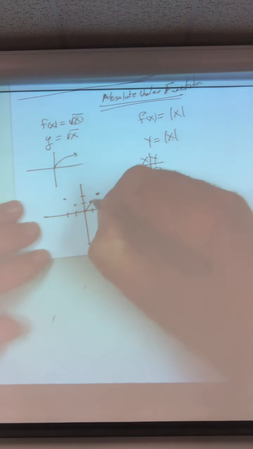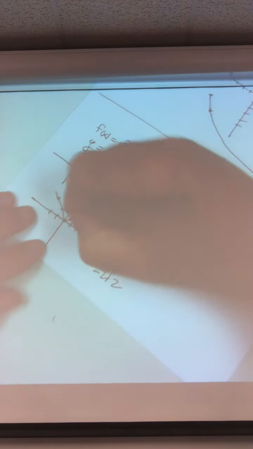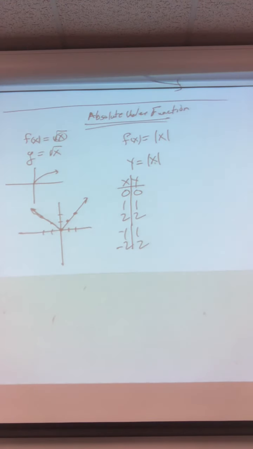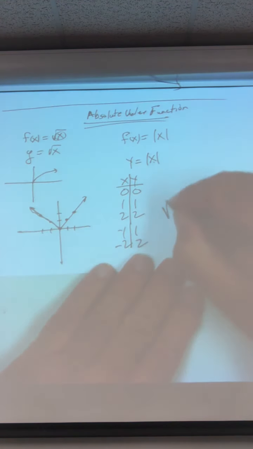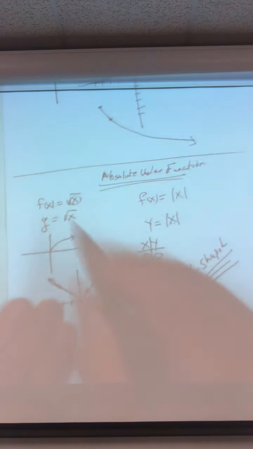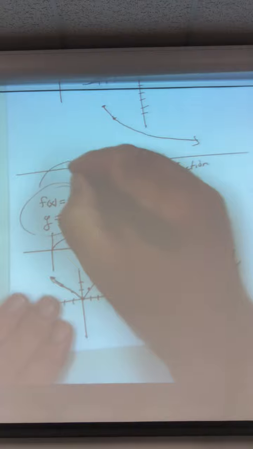So if you look at this graph, it appears to be, and it is V-shaped. So, just like I said, you need to remember that a radical function is half of a u that goes right.